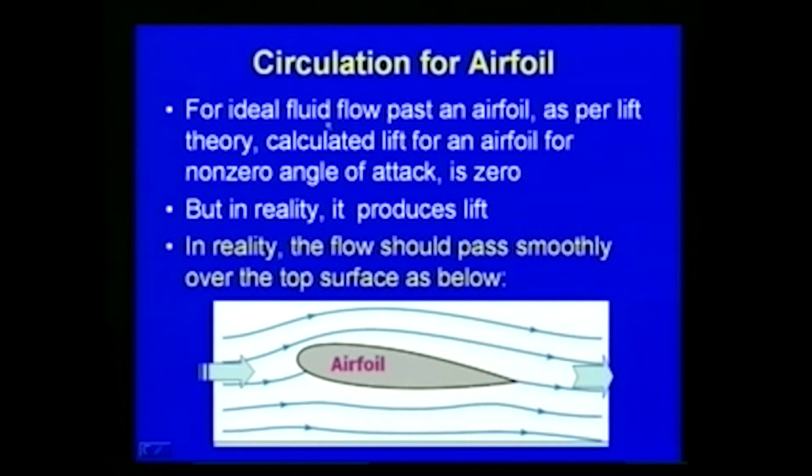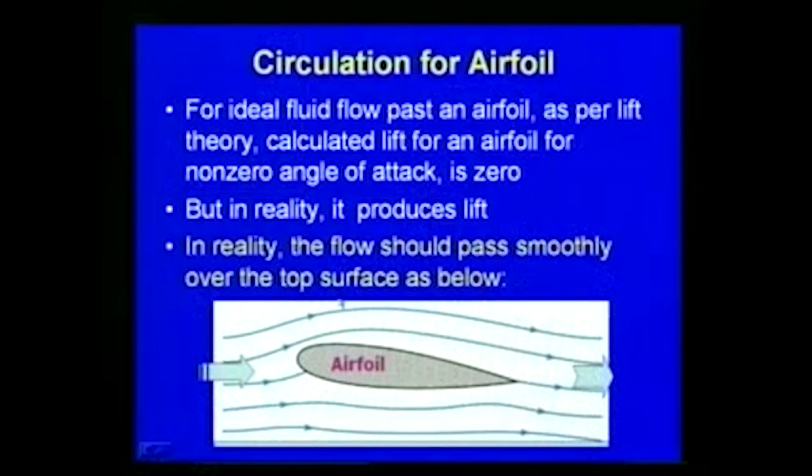But from the theories, we can see that for ideal fluid flow past an airfoil, as per lift theory, the calculated lift for an airfoil at non-zero angle of attack is 0, but in reality lift is produced. In reality the flow should pass smoothly over the top surface as below.